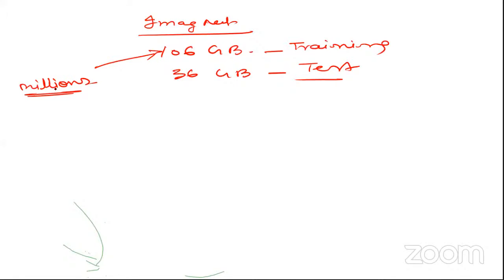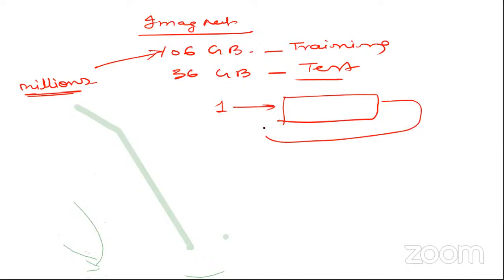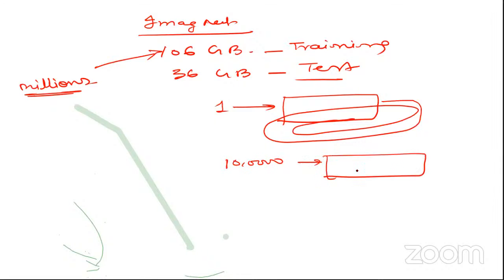So in that case, we have to pass the data in the network in smaller chunks. One method: this is your model, and for training you pass one sample and update the weight and bias. Another method: if you have a sufficient amount of memory, you can pass 10 lakh samples, but generally that is not possible.